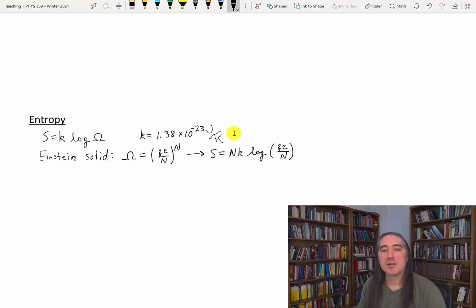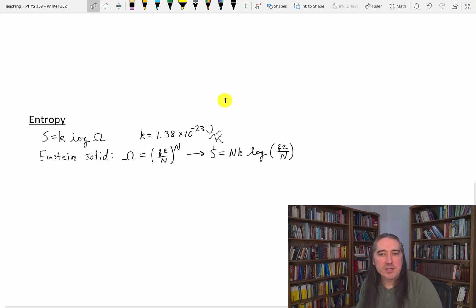This tells you how to convert from a dimensionless quantity, the logarithm of a number, into entropy. And just as a quick example, in an Einstein solid, which is what we've been talking about for a while now, we know the form for omega is qe over n, all raised to the n. And when you take the logarithm of that, that exponent comes out front. So the entropy is nk times the log of, I'm just going to say some stuff, though the stuff ends up being related to temperature.